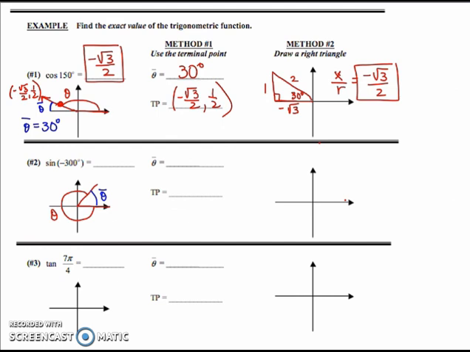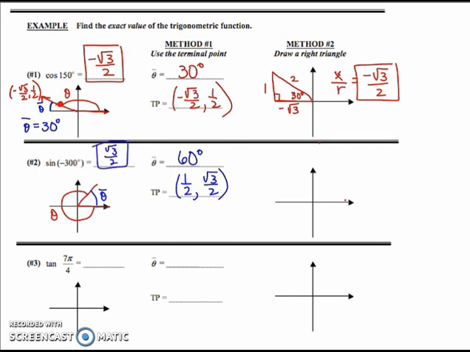Okay, so theta bar, hopefully you can tell here, is a 60-degree angle. We know that the terminal point of that is 1/2, square root of 3 over 2. So the sine value from the terminal point is going to be our y value, so that tells us here that our answer is square root of 3 over 2.